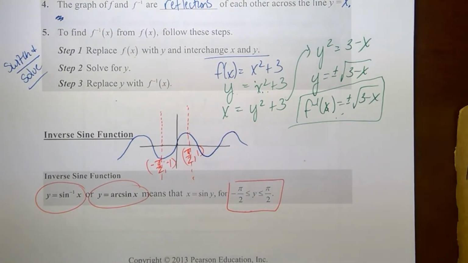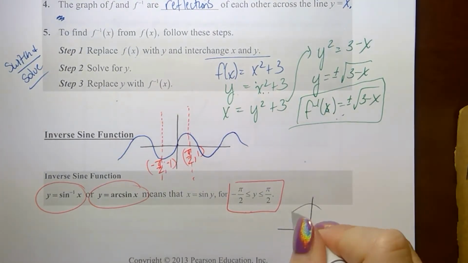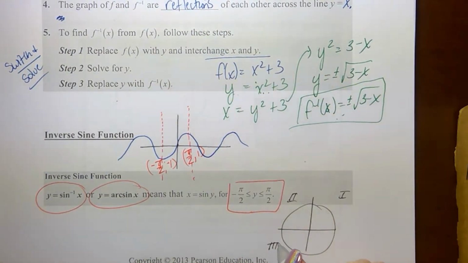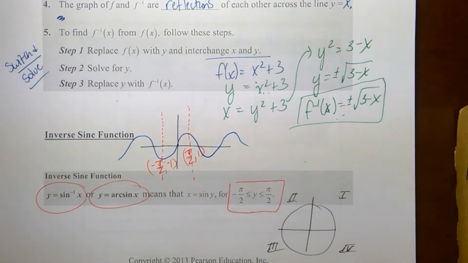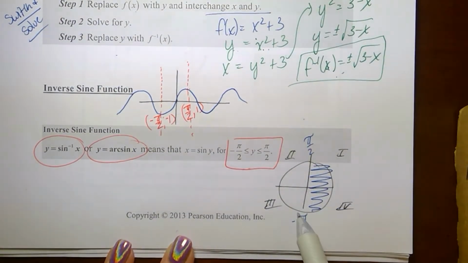If we look at negative pi half to positive pi half, thinking about the unit circle, we're talking about restricting our inverse sine functions to quadrants 4 and 1.